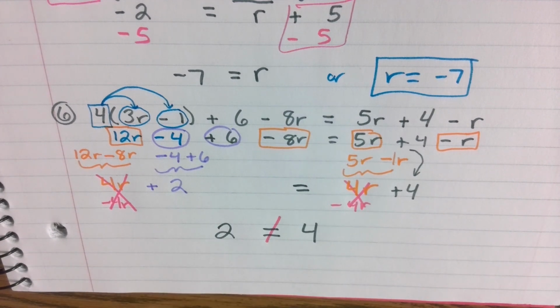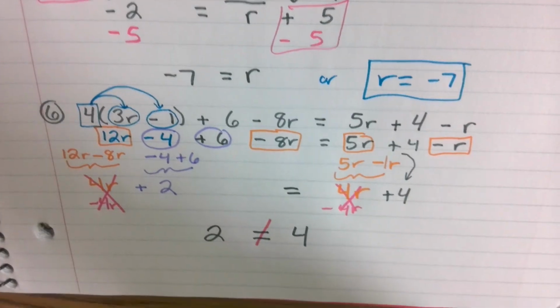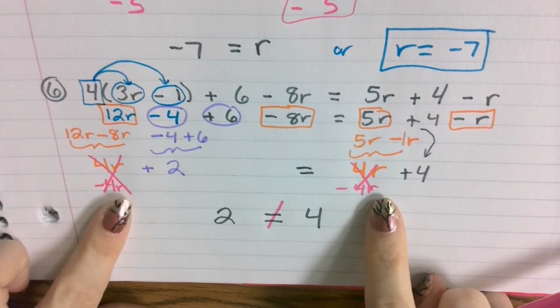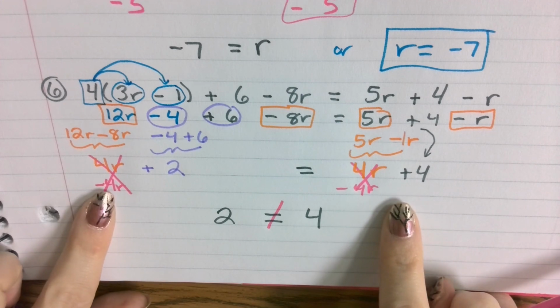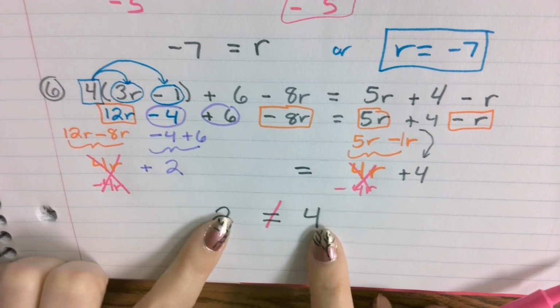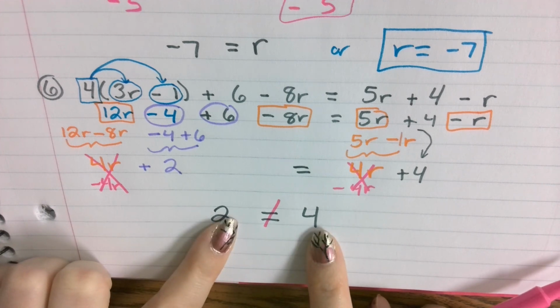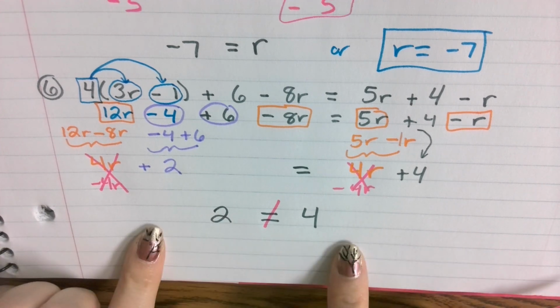What kind of solution creates an unbalanced equation? Aaliyah? No solution. Remember, when your variable gets completely eliminated and you're left with an unbalanced remainder, then that is no solution.